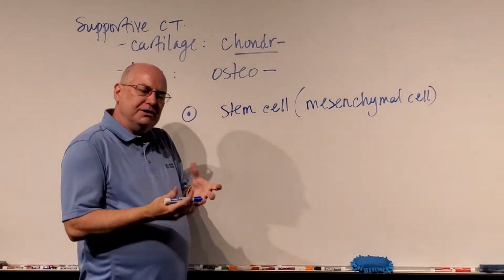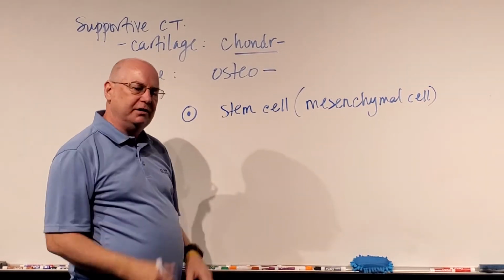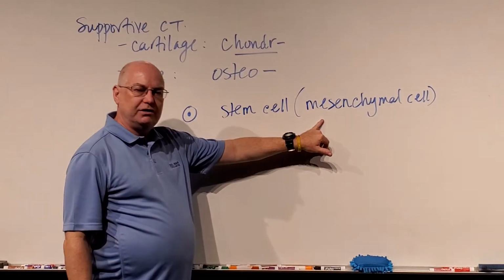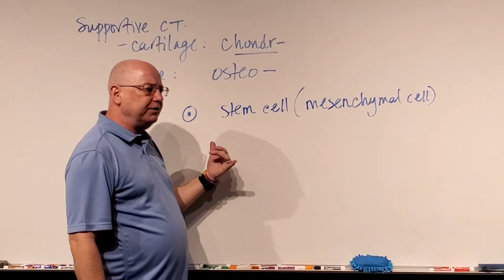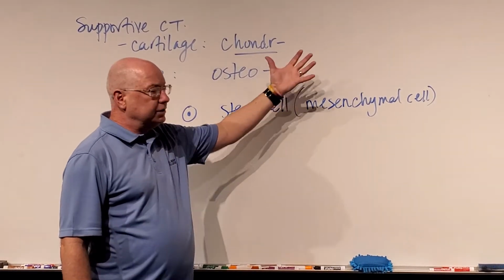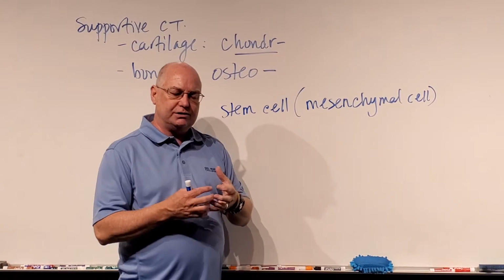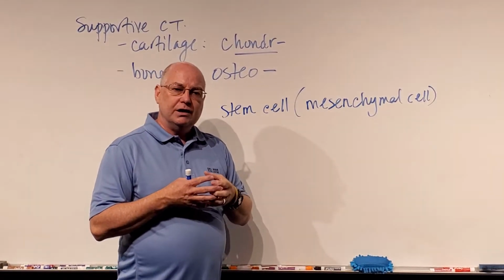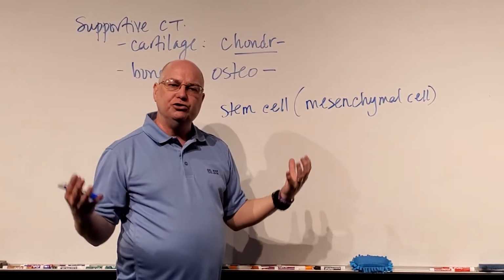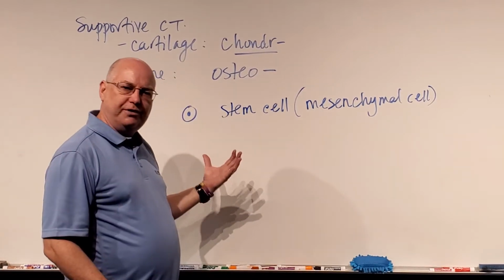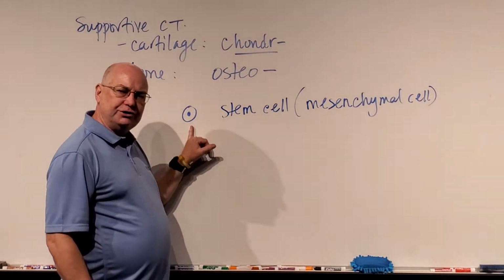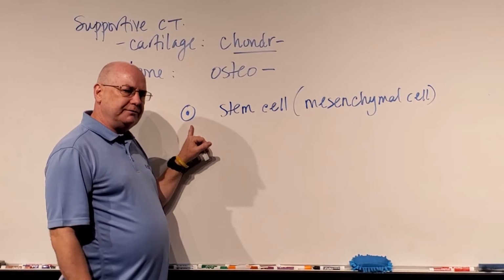So mesenchyme is embryonic tissue that's undeveloped. So mesenchymal cells are stem cells, and we call them that because these are the cells, like in that ball of cells that I just erased, those are the cells that all the tissues and organs of your body stem from. They are undifferentiated or not very well differentiated.